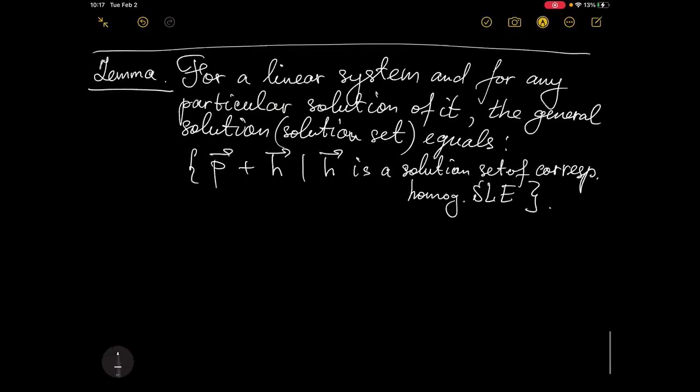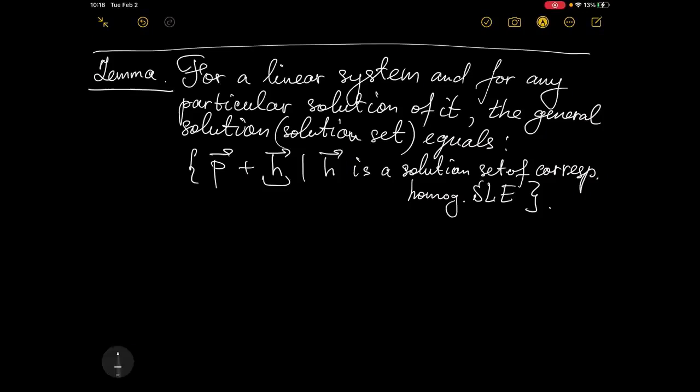Okay, so pay attention that if I start from any system of linear equations, it does not necessarily have a zero right-hand side. So what I do first, I could say, let me consider the simpler case of a homogeneous system of linear equations, right?